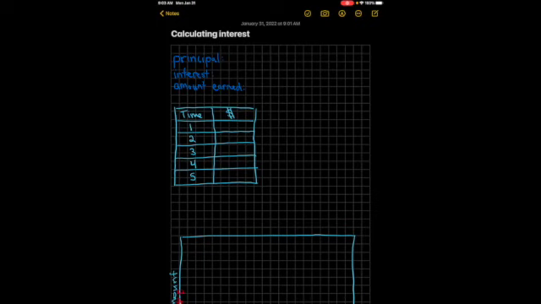So we're going to be talking about simple interest. We're going to be thinking about this in terms of a savings account. If you go into the bank and you open a certain type of savings account, not everyone is like this, but there are accounts that you can open that will earn interest on the money you deposit.